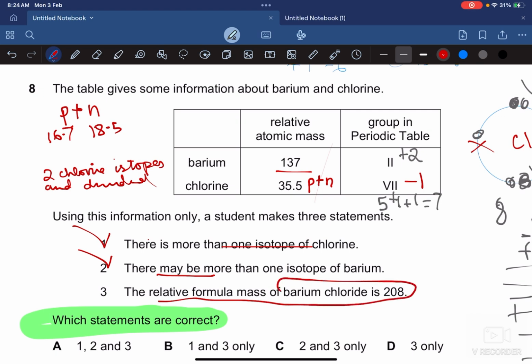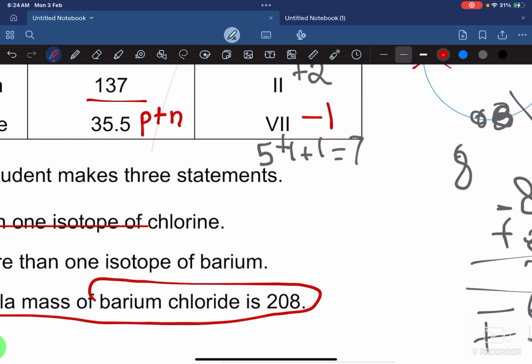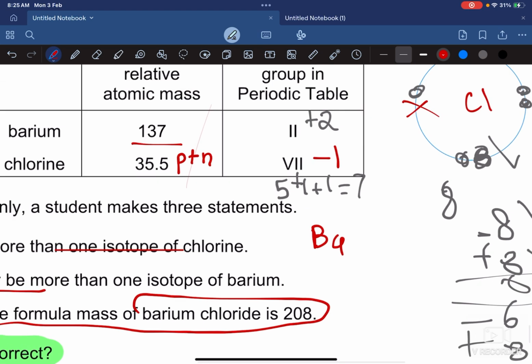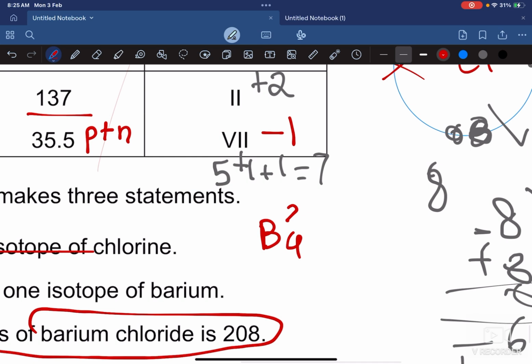Well, that's good because what the examiner is testing over here is whether you know the formula of barium chloride. Well, let's form the formula. Barium, as we know earlier, was 2 positive. Whenever you're writing symbols, don't write plus 2. Again, don't write plus 2. That's wrong.